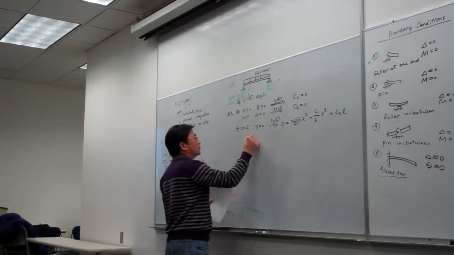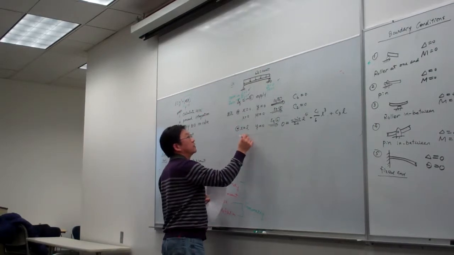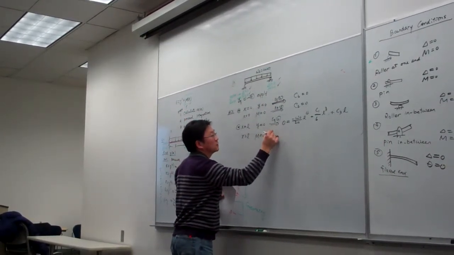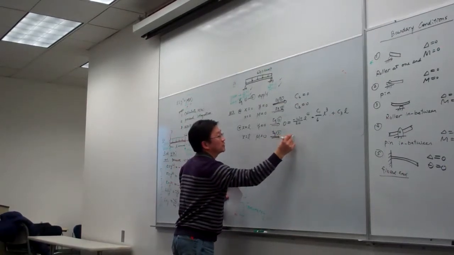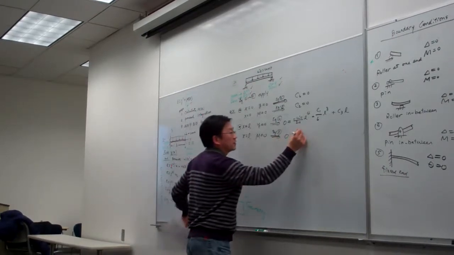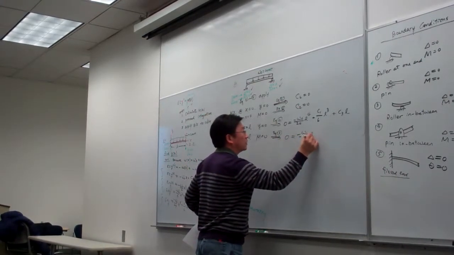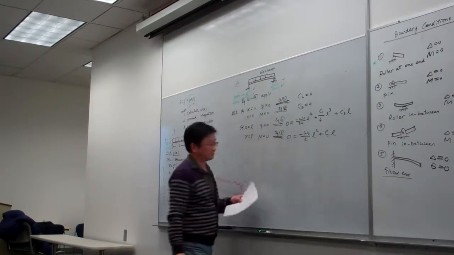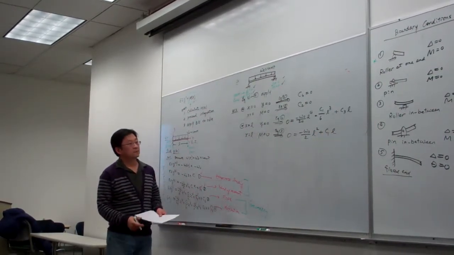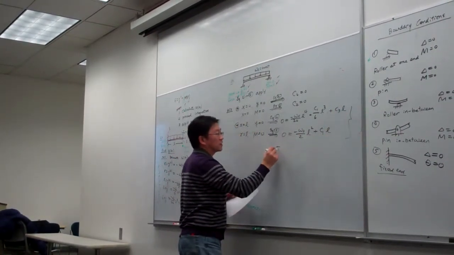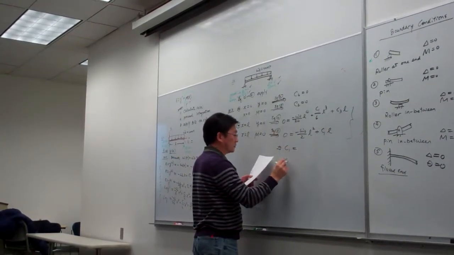Okay, and then at x equal to L, we have the moment equal to 0. Here we're using equation 2, so 0 equals minus omega 0 divided by 2 L squared plus C1 L. Therefore from here we have two equations and two unknowns, and we can solve for C1 and C3.